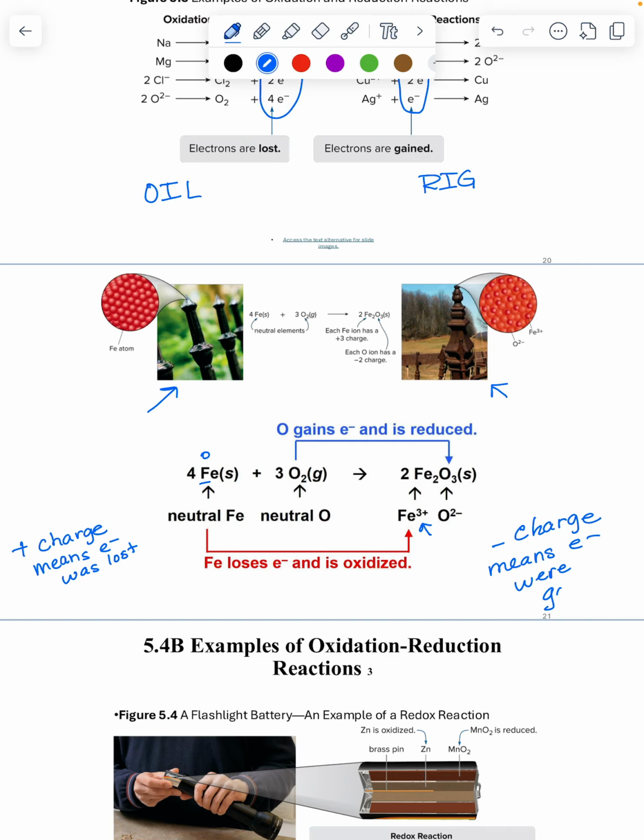So here, iron going from iron metal to an iron ion is a loss of electrons. And then here we have oxygen going from a 0 charge to a -2 charge. This -2 indicates the gaining of electrons, and so oxygen is reduced when iron is produced.